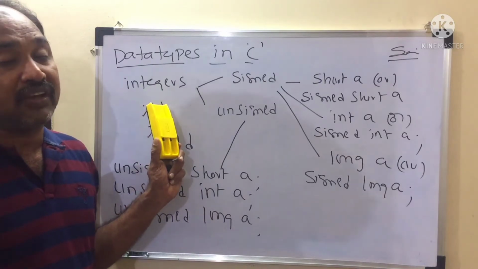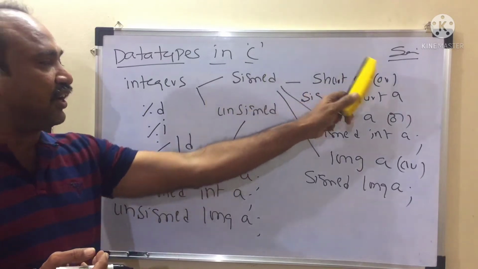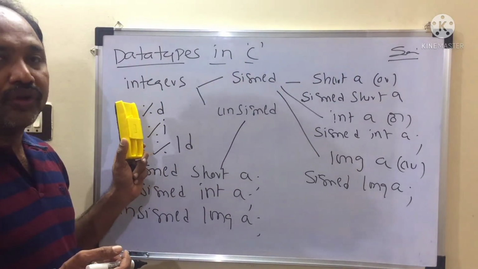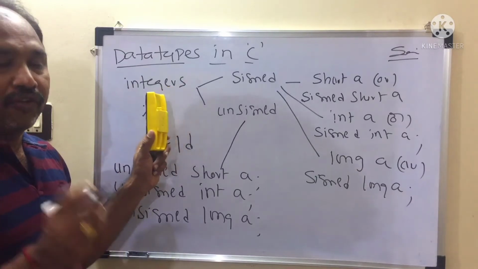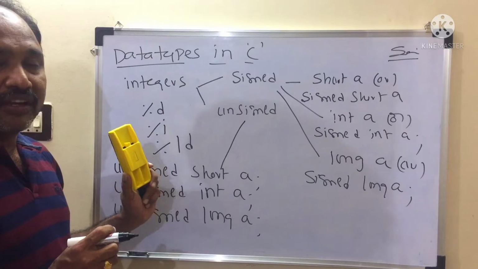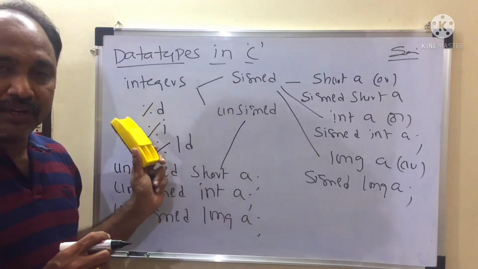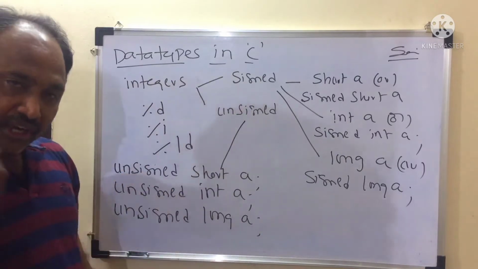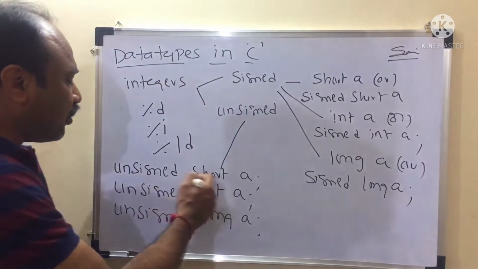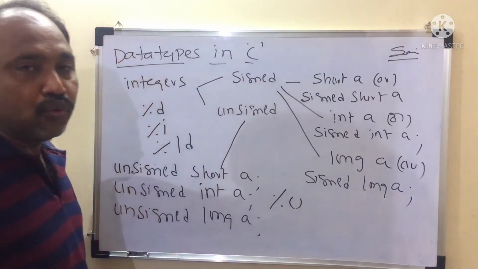To read integer data, and to print it as an integer value, printf percent d, scanf percent d. Long integer, printf percent ld. To read long integer, scanf percent ld. In the same way, if you are going to work with unsigned integer, we have to use percent u.